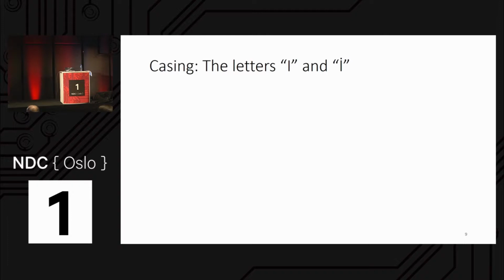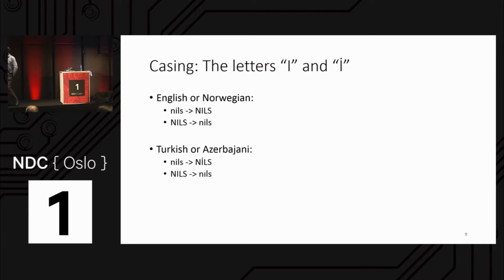Yes, casing. That's a cool one. The letter I, we usually have a lowercase letter i with a dot on it, and we have an uppercase letter I without a dot. So if you're English or Norwegian and try to capitalize Nils, then you get Nils without any more dots, and vice versa, of course. But if you try to do the same trick in the Turkish or Azerbaijani context, you get something completely different. You basically have one I that always has a dot, and another I that never has a dot.